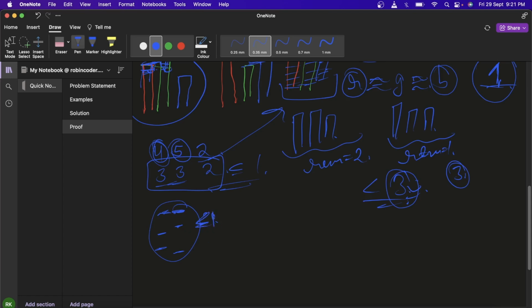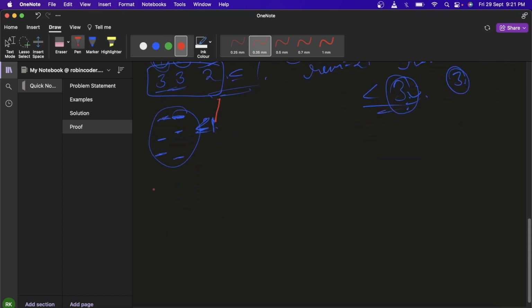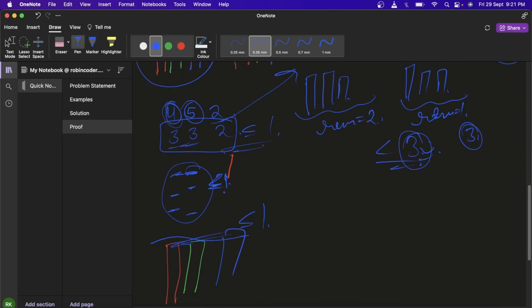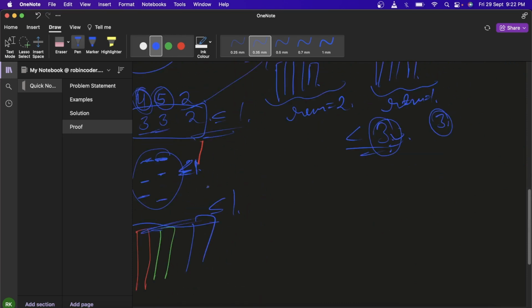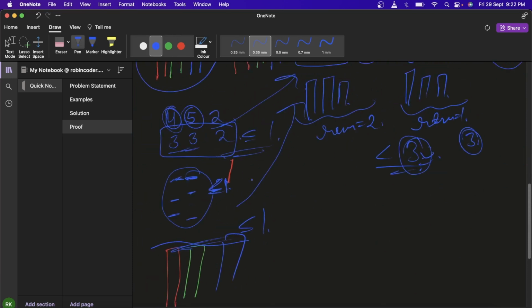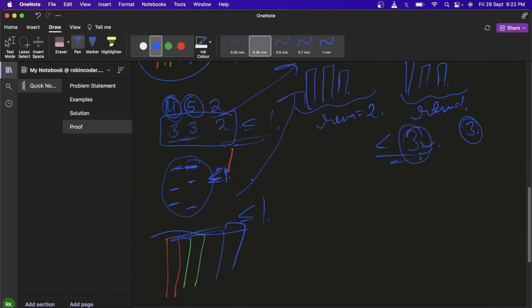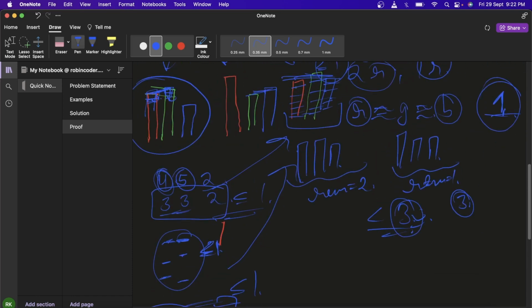And after some time they will reach this stage where red, green and blue are nearly equal, the difference is less than or equal to 1, which is similar to this case. And we can follow the same algorithm that we followed here.